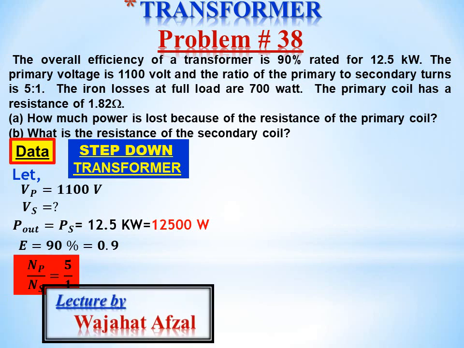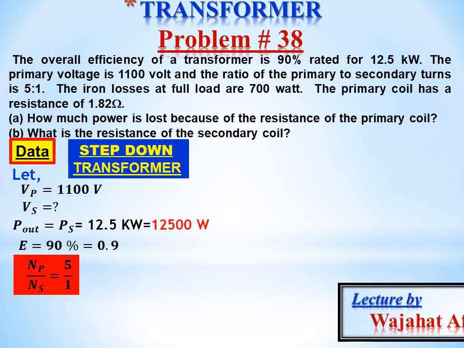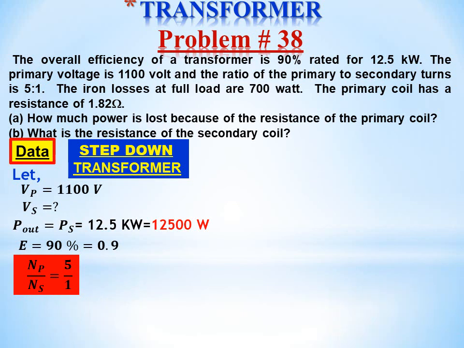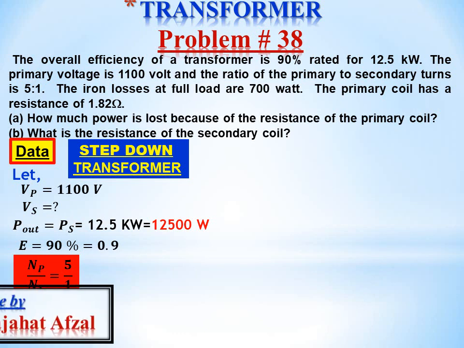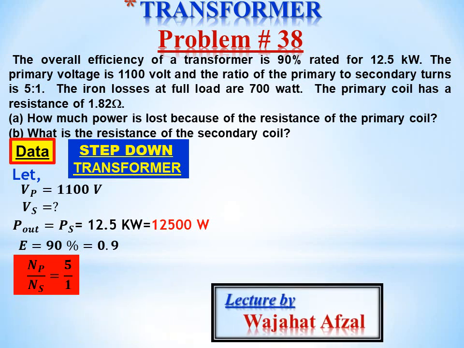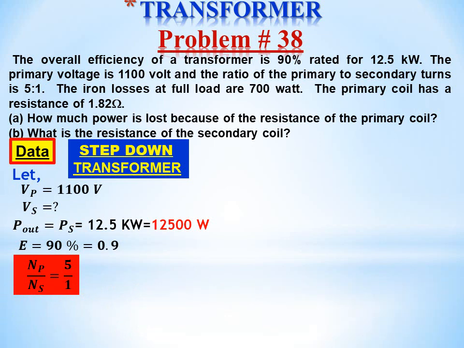Here you are provided with the ratio of the number of turns in the primary and secondary. Primary has greater turns, secondary has less, so that's why I write it is a step down transformer. Then the potential difference you will obtain at the secondary coil or at the output is quite less as compared to the 1100 volts.